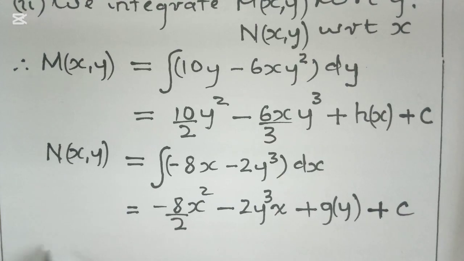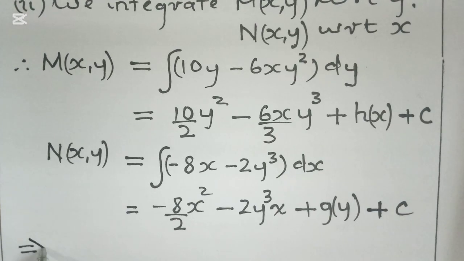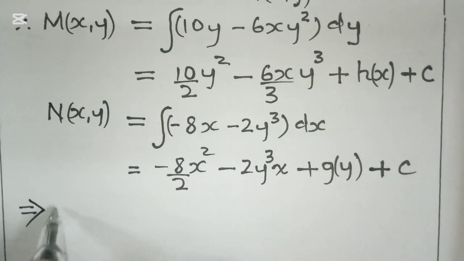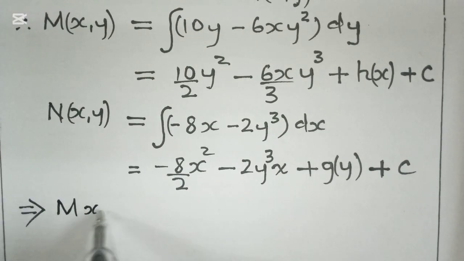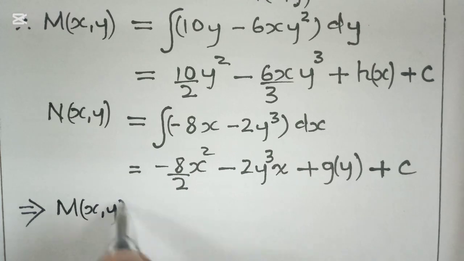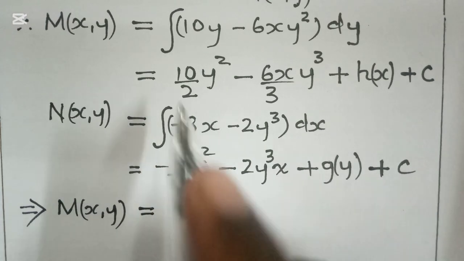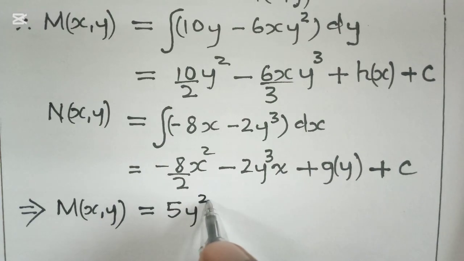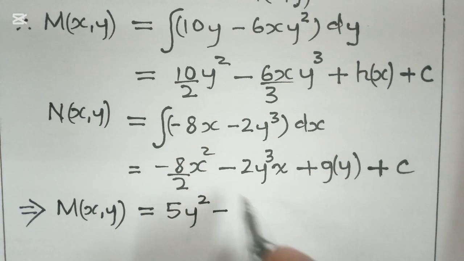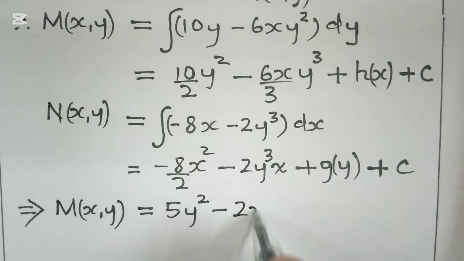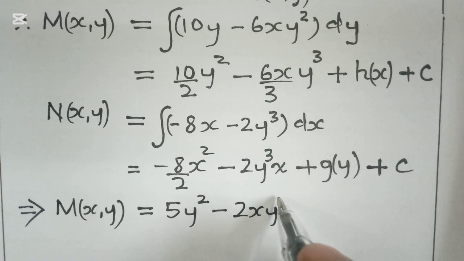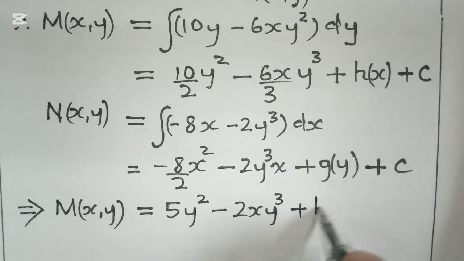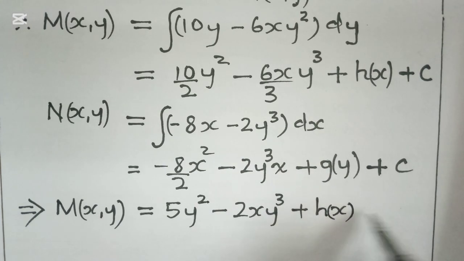From there, guys, now we come and compare both of these equations. Maybe I can complete them well and write M(x,y). This one is given to us, we write 5y squared minus 2xy cubed plus h(x) there, and we have a constant there.